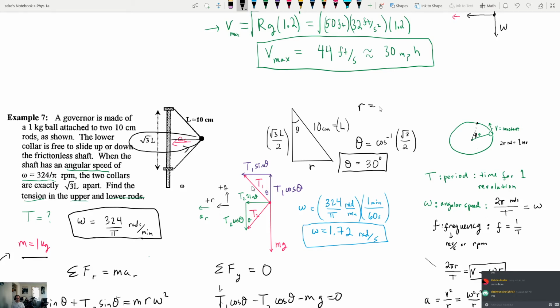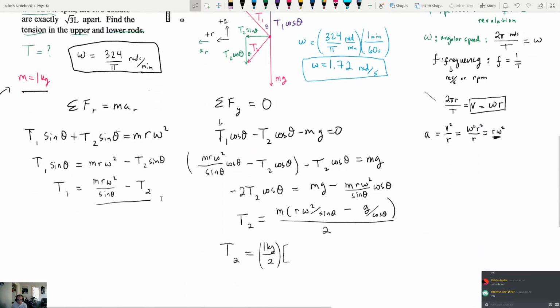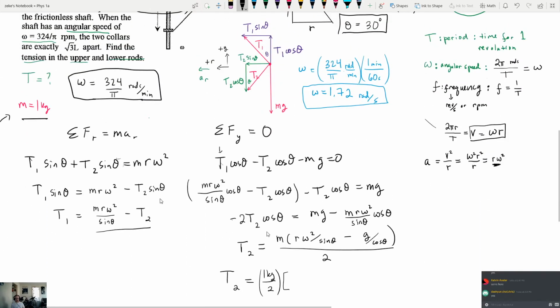R is equal to L times the sine of 30, which is equal to 5 cm. 10 cm, angle's 30. It's also a 30, 60, 90 triangle. Okay, so R is 5 cm, which is 0.05.